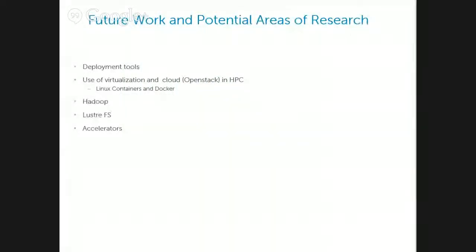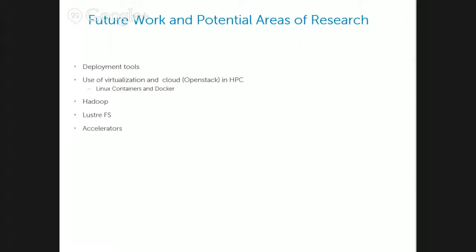Lastly, I want to finish off with some of the other areas that we are looking at. I believe these areas are very ripe for industry and research collaboration. Deployment tools: it's important to make sure we can deploy these large systems and maintain them efficiently. Use of virtualization and cloud: we're looking at how we can take advantage of OpenStack for HPC.